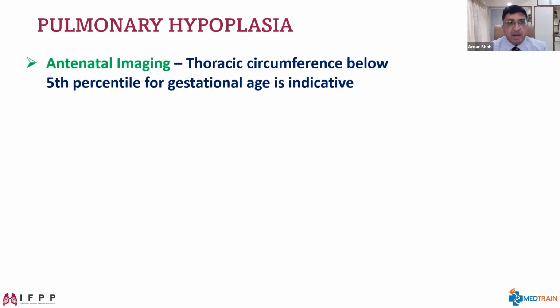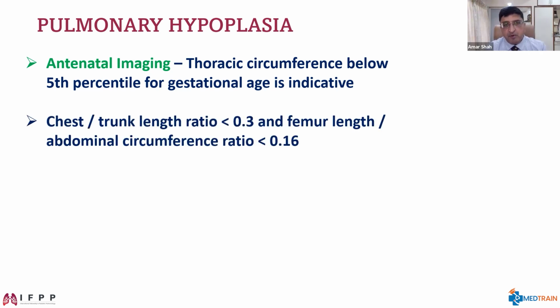Pulmonary hypoplasia may be picked up on antenatal imaging. Here, the thoracic circumference is below the 5th percentile for the gestational age. A few other ratios have also been shown to help diagnose this condition, like the chest to trunk length ratio, if it is less than 0.3, and the femur length to abdominal circumference ratio, if it is less than 0.16, then pulmonary hypoplasia may be suspected.